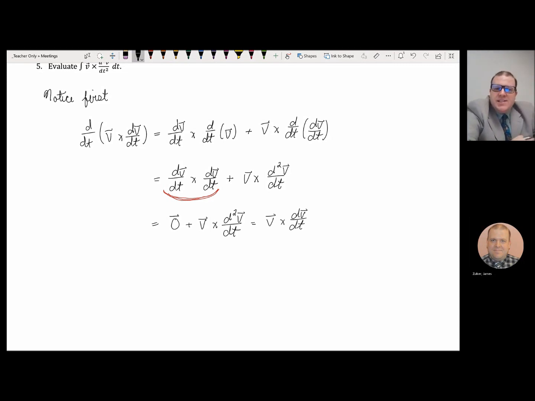Of course, the zero vector is the additive identity. I don't know why I did dv dt. That should be d squared. We just get v cross the second derivative of v.